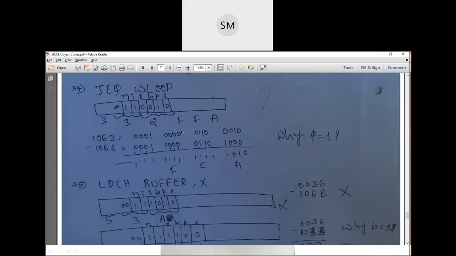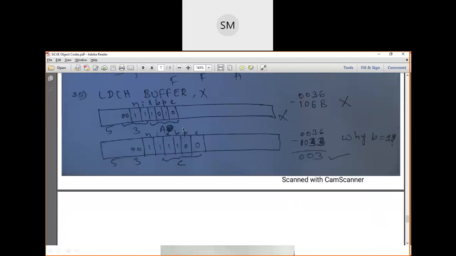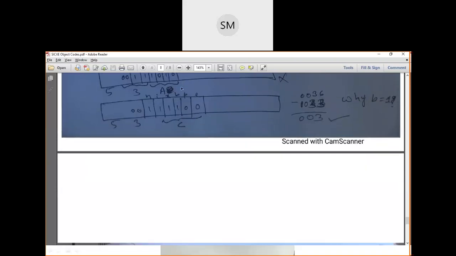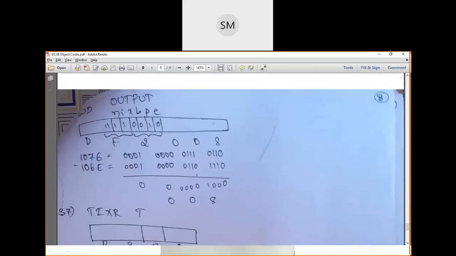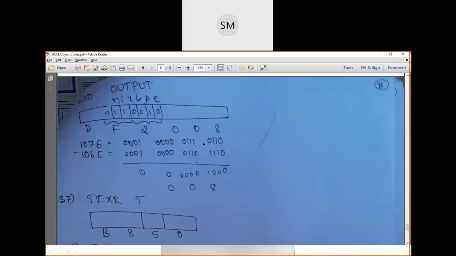JEQ with loop. So here also program counter relative addressing mode. LDCH buffer,X. Here you should not use program counter again, you should use base relative addressing mode. Then WD output, here also you should use the third format, but by using program counter relative addressing.